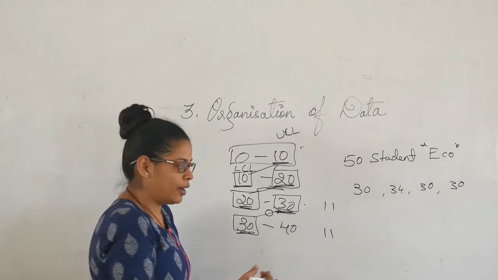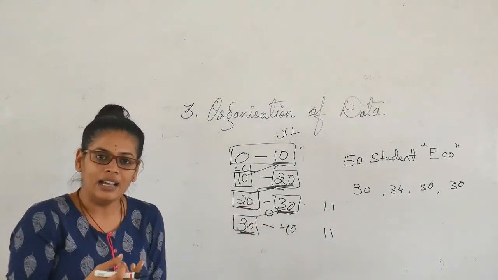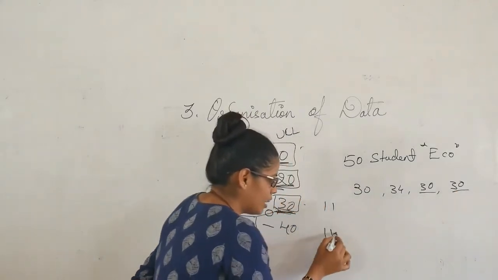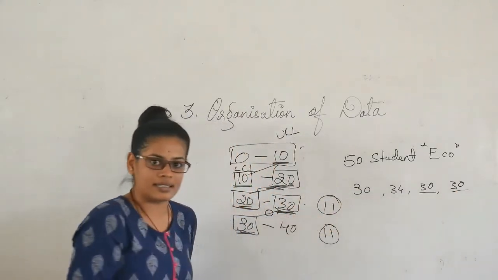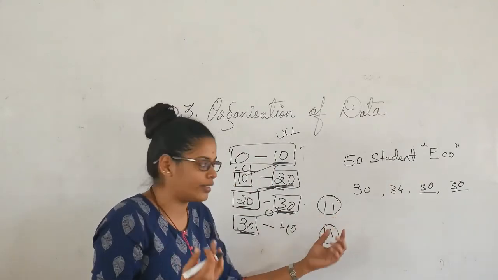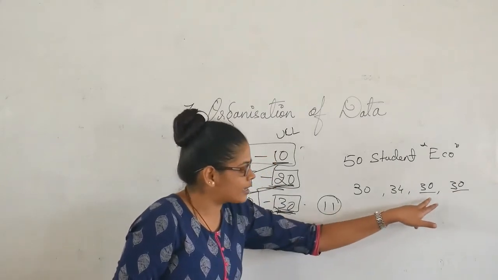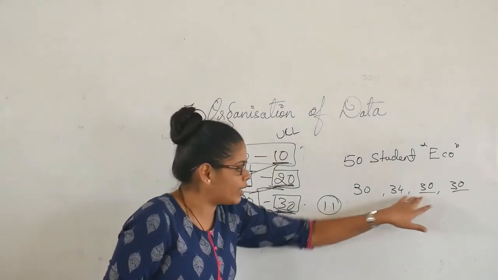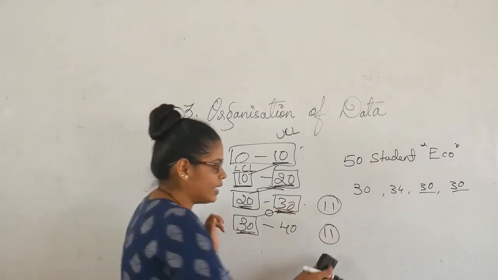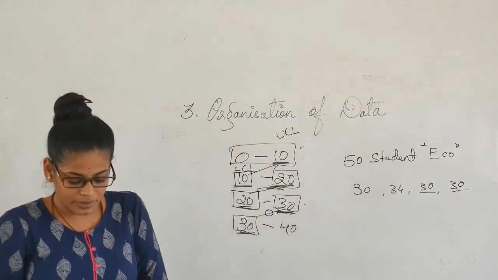No, right? Because when somebody is referring to your data, he will be confused. Which 30 you have included in this class interval? He cannot say for sure which variable is included where, right?